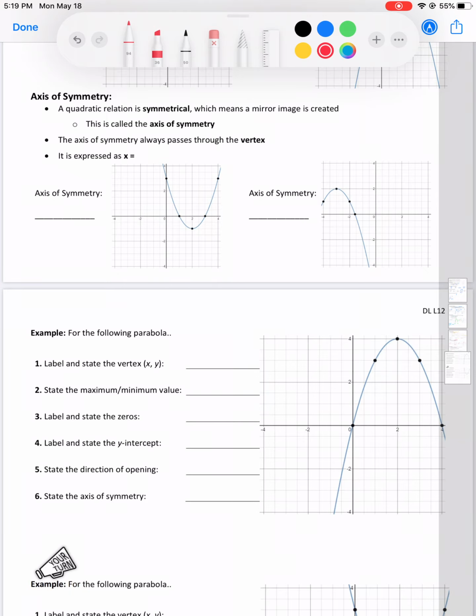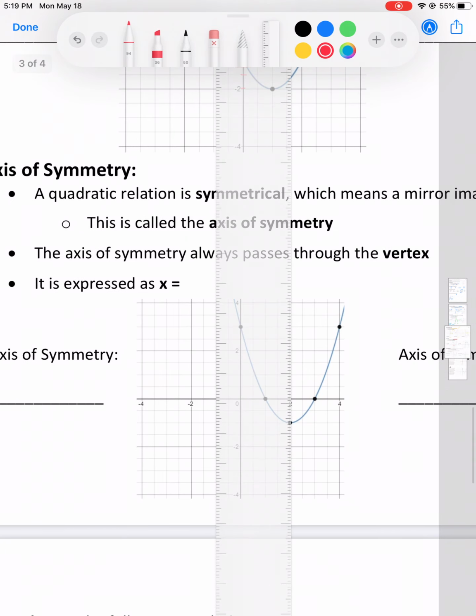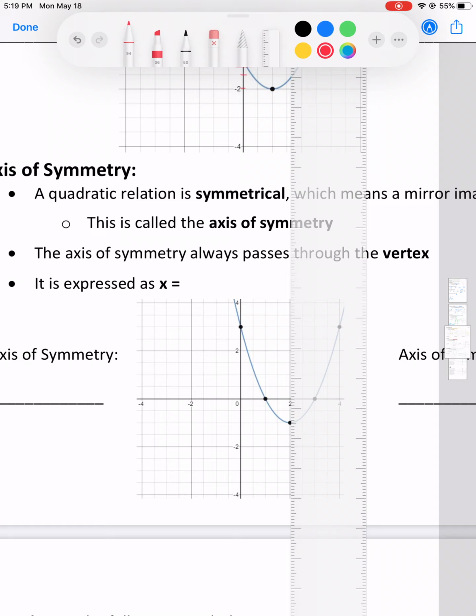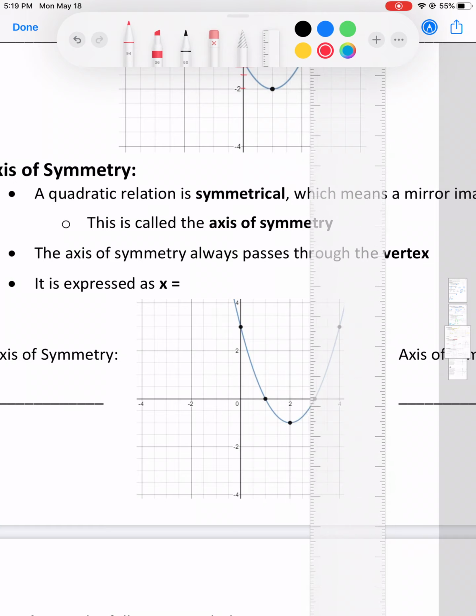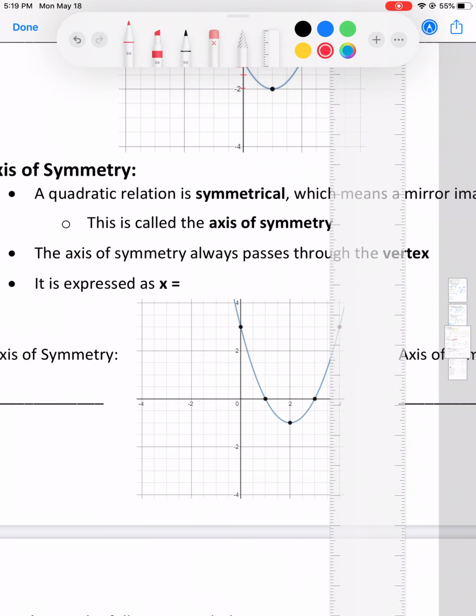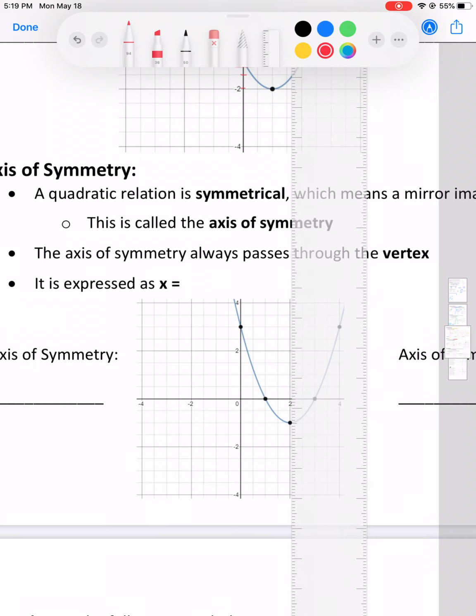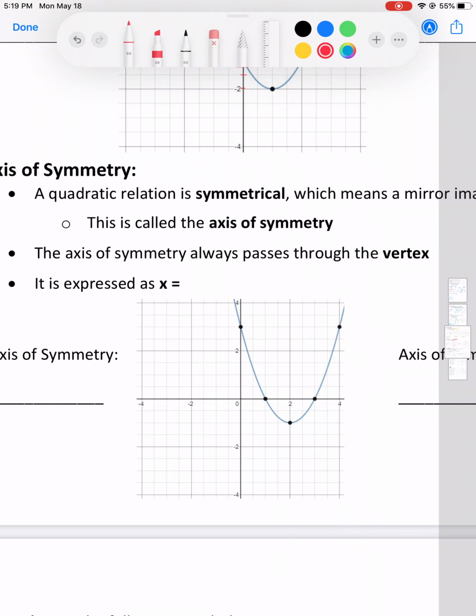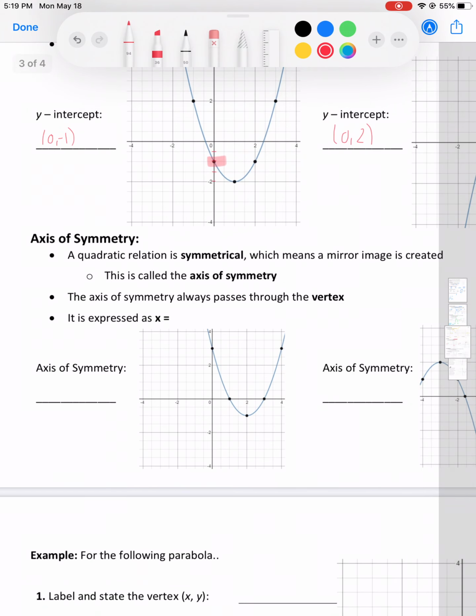So if I were to grab a mirror and place it exactly on my axis of symmetry, the parabola would look the exact same in the mirror as it would on my sheet. If I were to move it over here, they would not look the exact same. It would look like a W. This is the point where they would look the exact same on the mirror and on the paper. So, a quadratic relation is symmetrical, which means a mirror image is created.